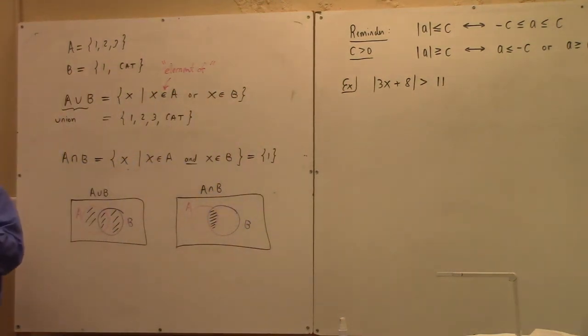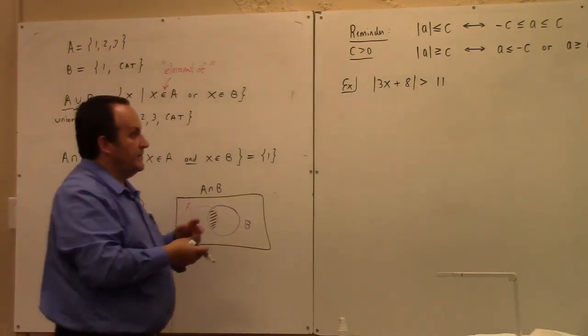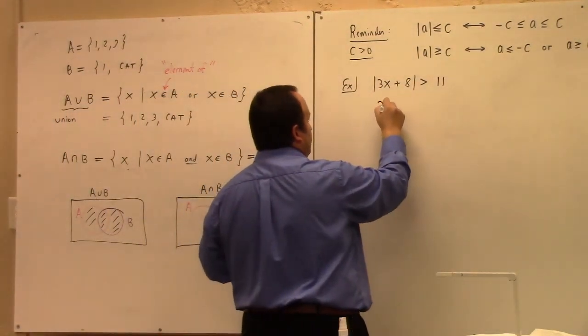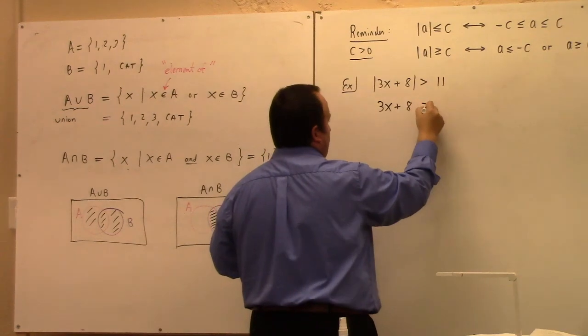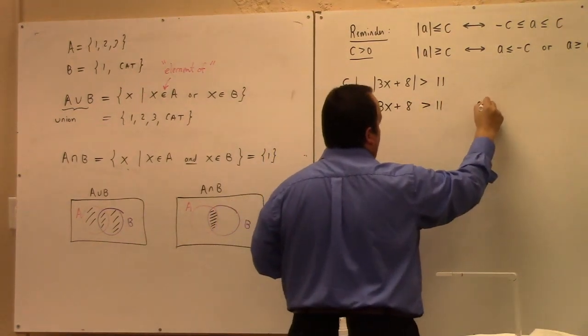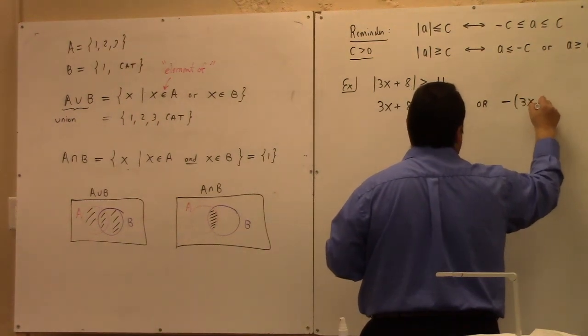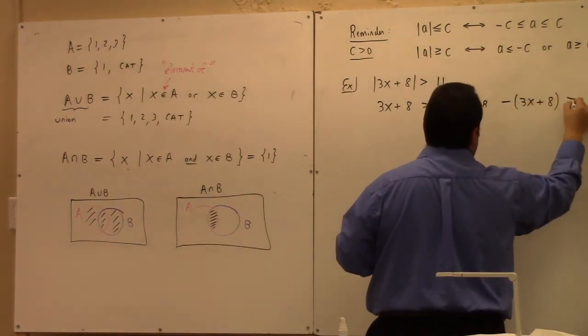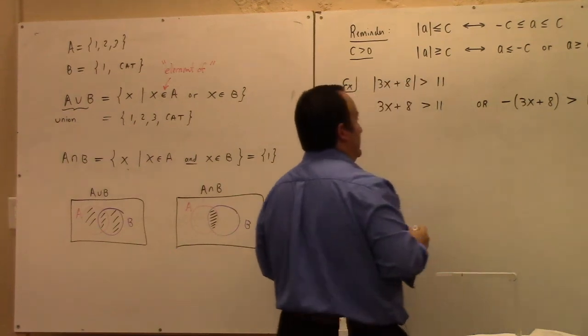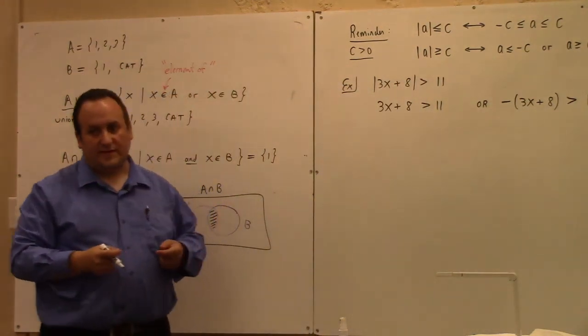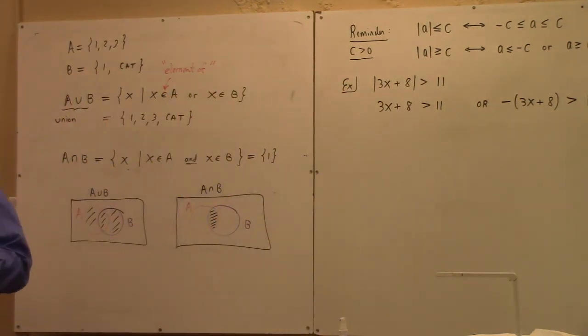Either 3x plus 8 is greater than 11, or minus (3x plus 8) is greater than 11, because the absolute value of 3x plus 8 is either plus or minus what's inside. That's how absolute value is defined, right?